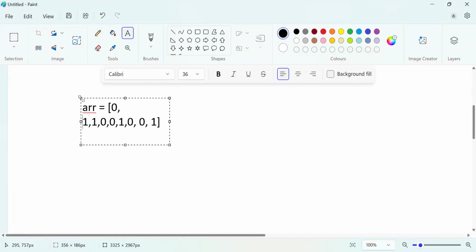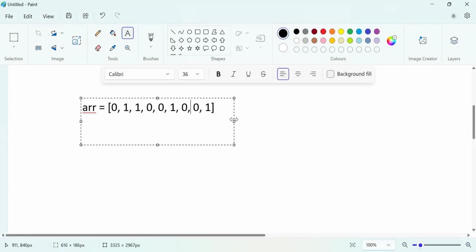This is the array that we have. The point is that we need to sort this array without using any sorting technique.